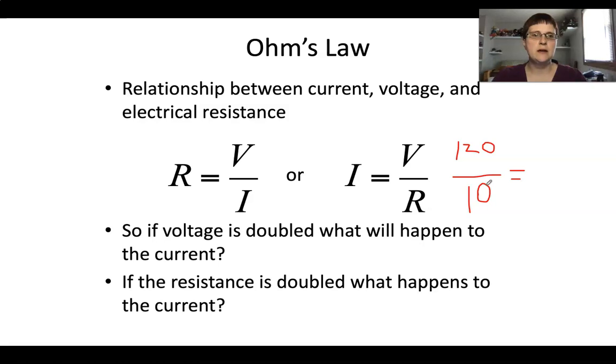So 120 divided by 10 is still going to get us our 12. But if we double the resistance, so 120 divided by 20 is going to do what to the current? Now it's going to go down. I was getting them reversed. And so now we're going to get a current of 6 because we've doubled the resistance. It's going to slow the current down. Okay.